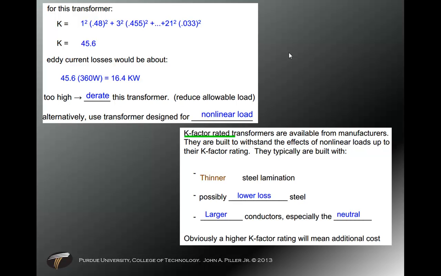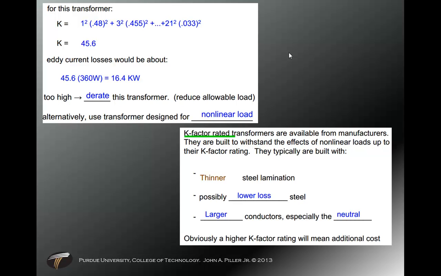And each sheet allows for better heat loss and better current carrying capacity as we laminate the sheets together that way. Lower loss steel: steel is simply an alloy of iron. You have a different ratio of minerals in that steel, and it has different characteristics: heat loss, current carrying, conducting capabilities, across the board.